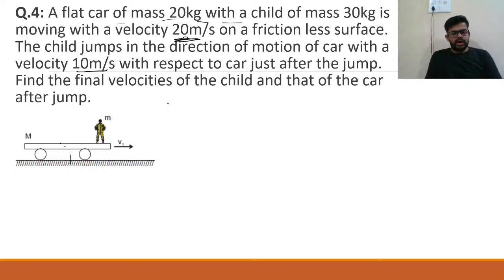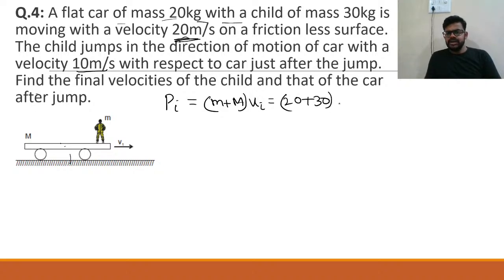So initial momentum of the system is (m plus M) into u, that is (20 plus 30) into the velocity of the system. Now the final momentum.